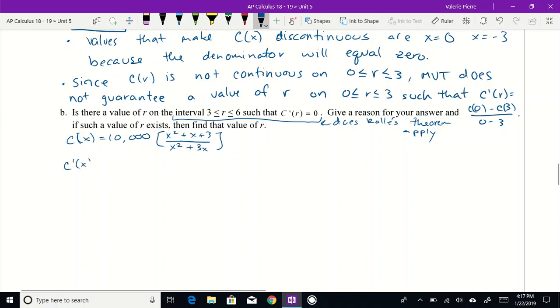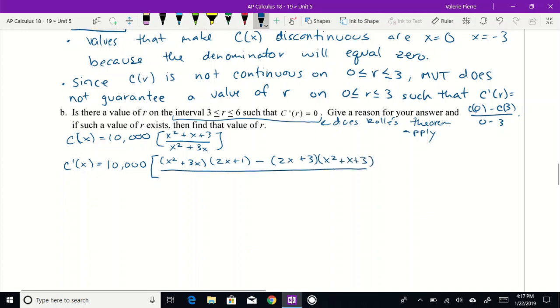So C prime of x, using the quotient rule, we get 10,000 times (x squared plus 3x)(2x plus 1) minus (2x plus 3)(x squared plus x plus 3), all over (x squared plus 3x) squared. That's my derivative.